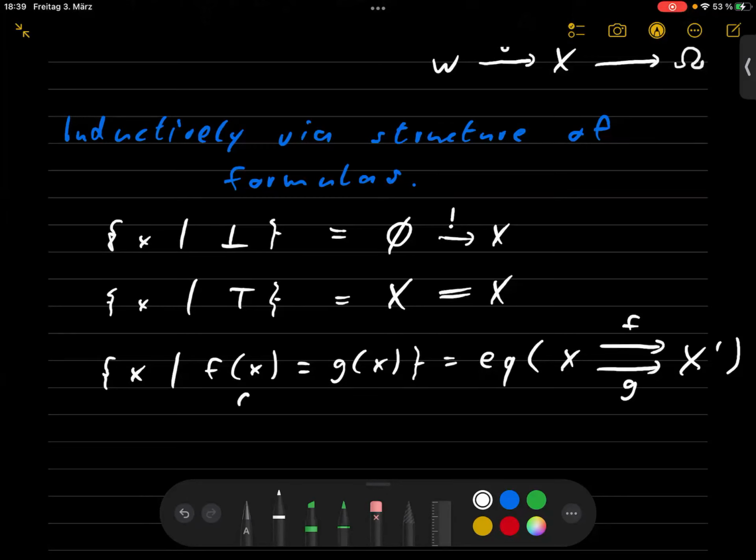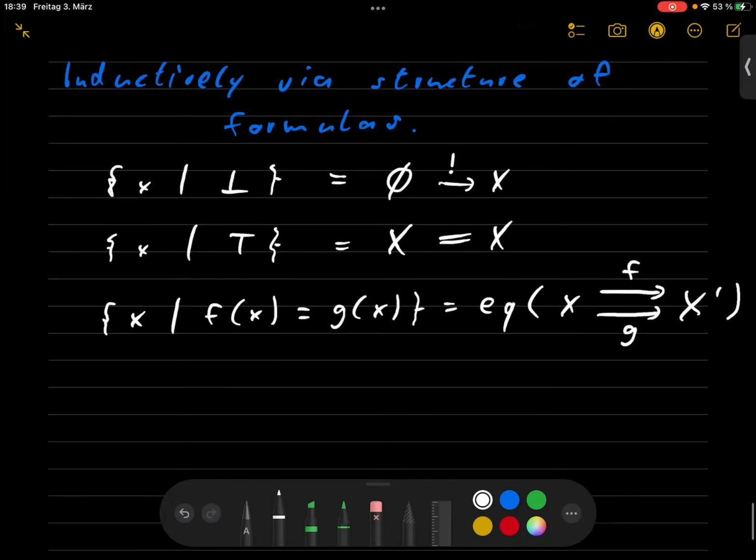So this will have type X prime, and G similarly, and then we can talk about the equalizer there to interpret this equality. So that's how that works.